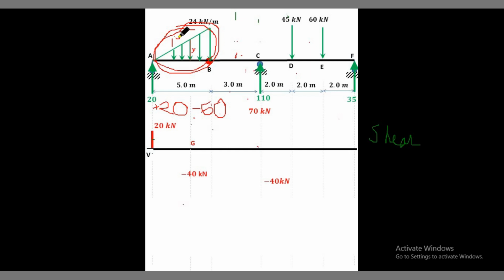Sabi natin in the previous slides, kapag naka-slant yung line, that is a 1 degree curve. So, dito sa may load diagram, 1 degree curve yun. So, pagdating kay shear diagram, yung 1 degree curve, magiging 2 degree curve. So, dito sa may shear diagram, 2 degree curve na siya.